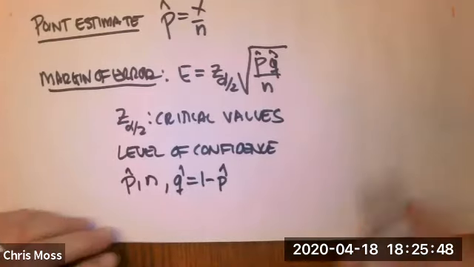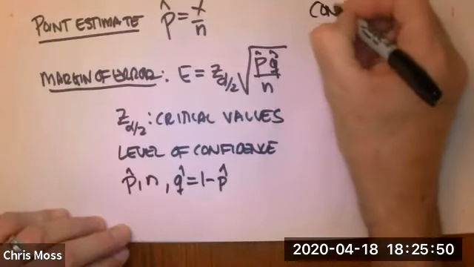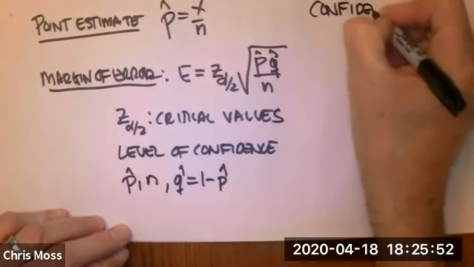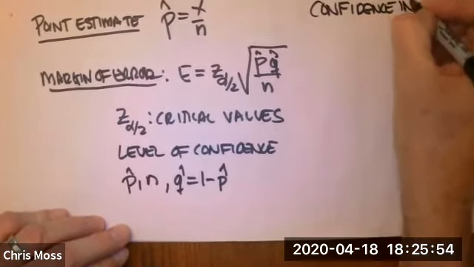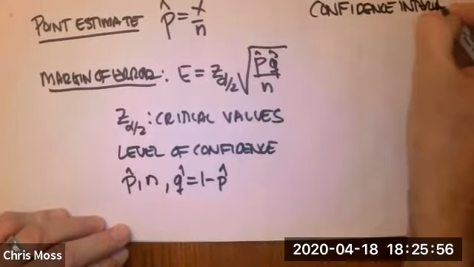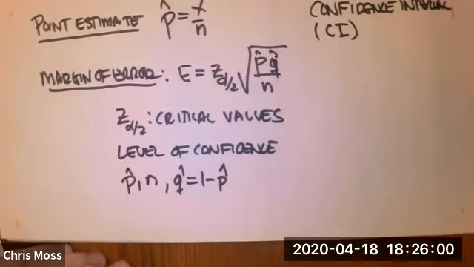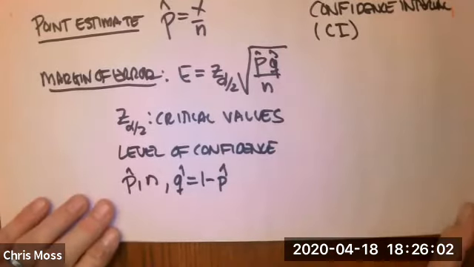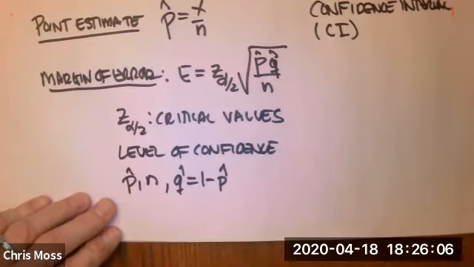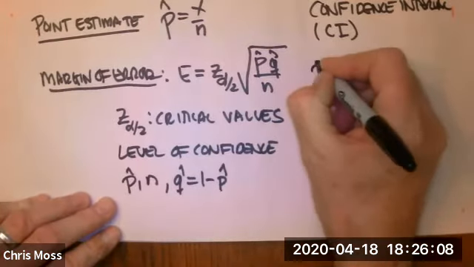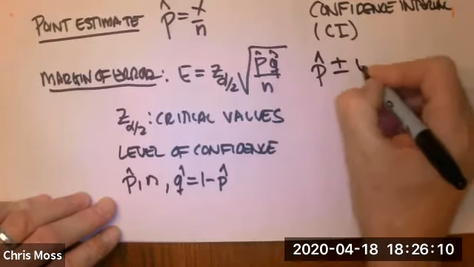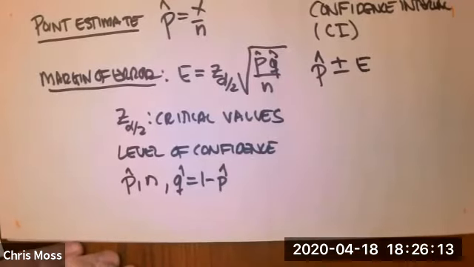So we build our confidence interval in the following fashion. Confidence interval, by the way, I use CI all the time because it's a rather wordy little statement. So our confidence interval begins with my point estimate, and I add and subtract the margin of error.